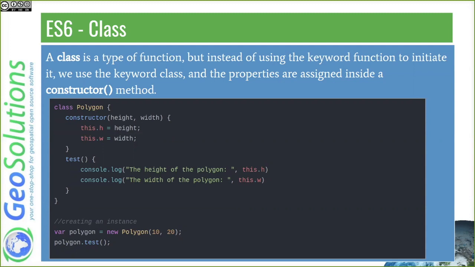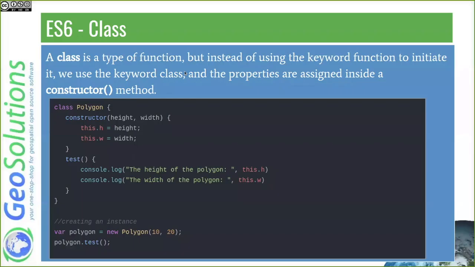JavaScript didn't have a syntax to create classes, basically because it was based on a prototype object system. In Ecmascript 6, this has been introduced.